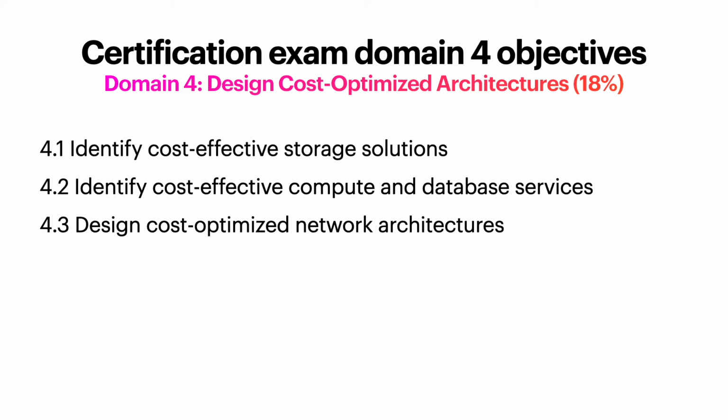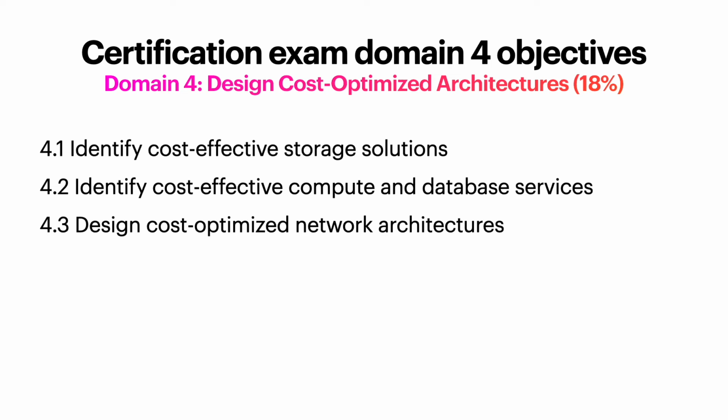So this will test your ability to save the running cost of the architecture. And let me ask you, have you ever used the AWS calculator for calculating the cost of your infrastructure before building it in AWS? So this is another pillar of the well-architected framework that you should address in your study and practice.